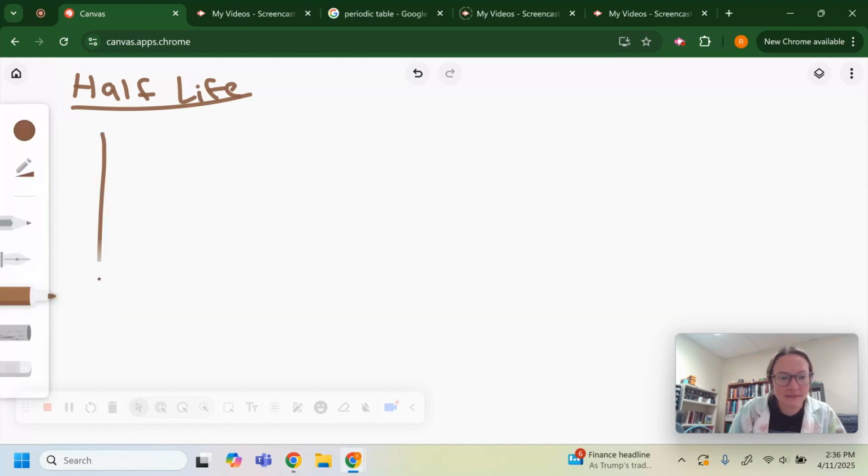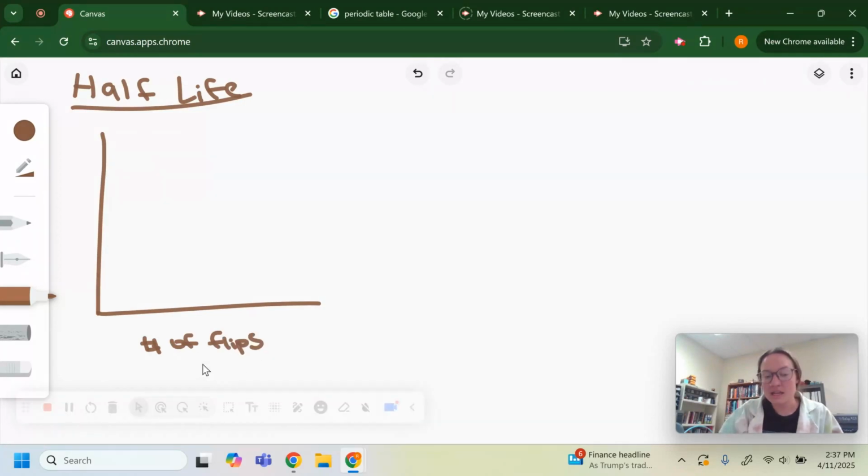Now, here's the idea. Suppose, for this example, we'll make a little graph here. Suppose that the number of flips represents the number of half-lives. You can imagine that each time I flip all the pennies, that is kind of like the half-life of a little block of uranium.